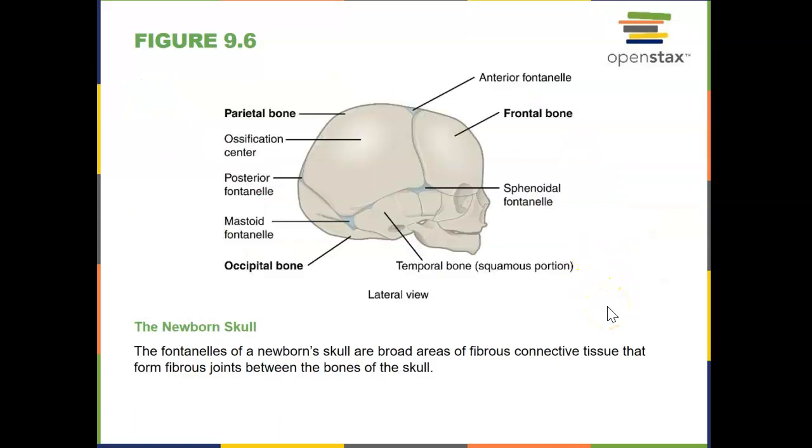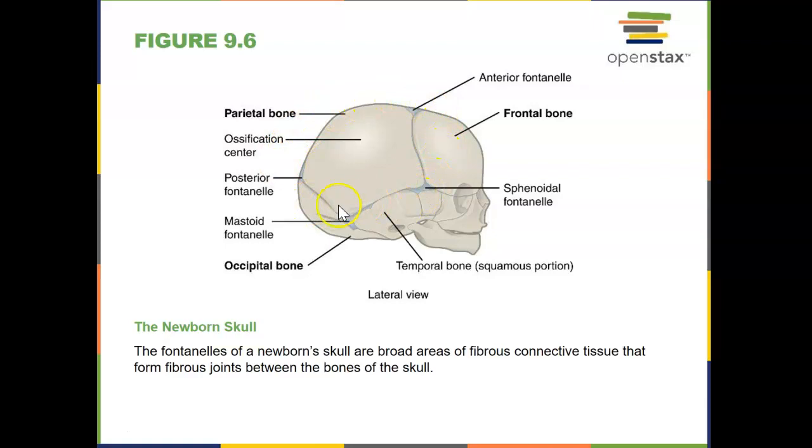Now, interestingly, we talked about the development briefly of the newborn skull, and newborns have very, very thick regions of fibrous connective tissue. These joints are definitely much more movable than the sutures in the skull of an adult. Again, you get maybe a little bit of compression.